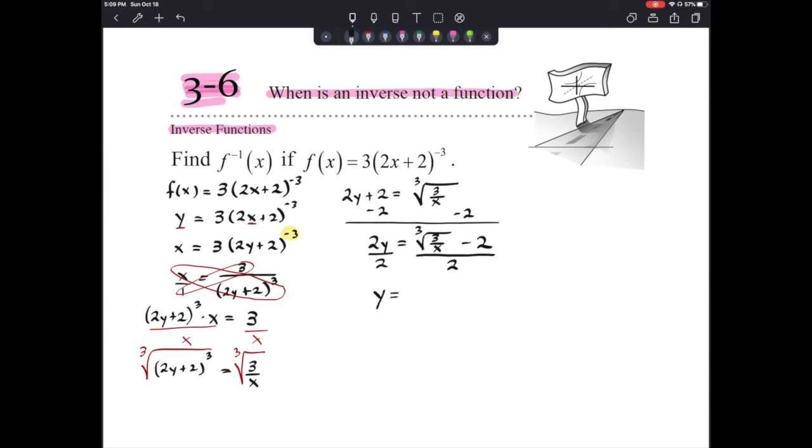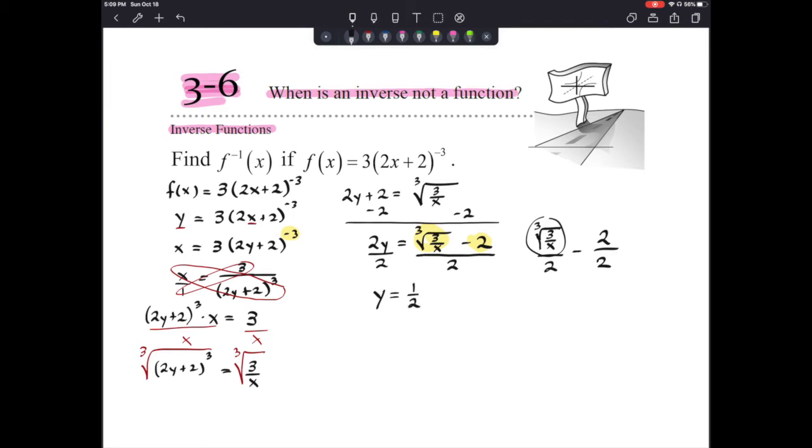So I get y is equal to, and you can write this several different ways. Remember, if I take this and I split this apart and said the cube root of 3 over x, and if I said I was dividing this by 2 and then subtracting 2 over 2, right? I gave them each their own denominator. Sometimes that's a little bit easier to do. And then I know that taking that expression right here and dividing it by 2 is the same thing as multiplying it.